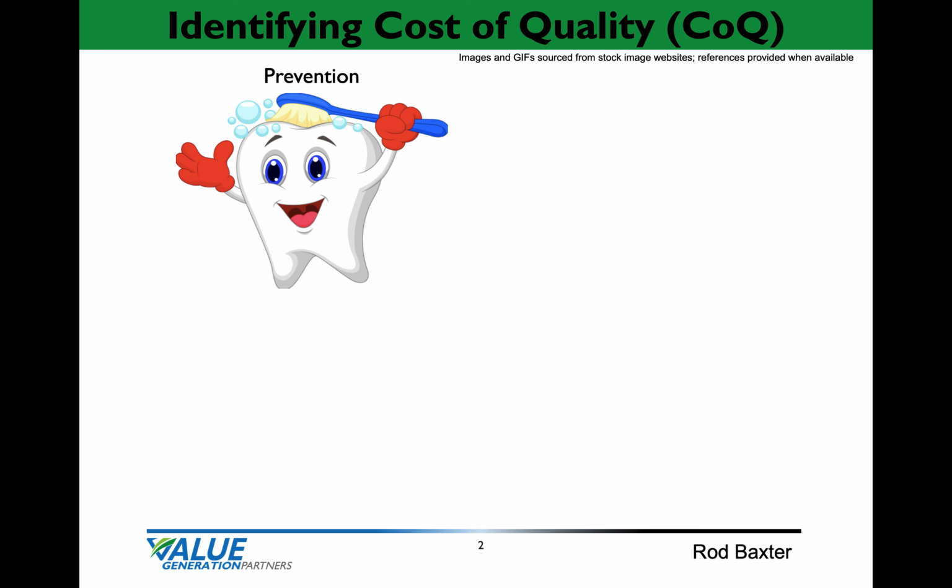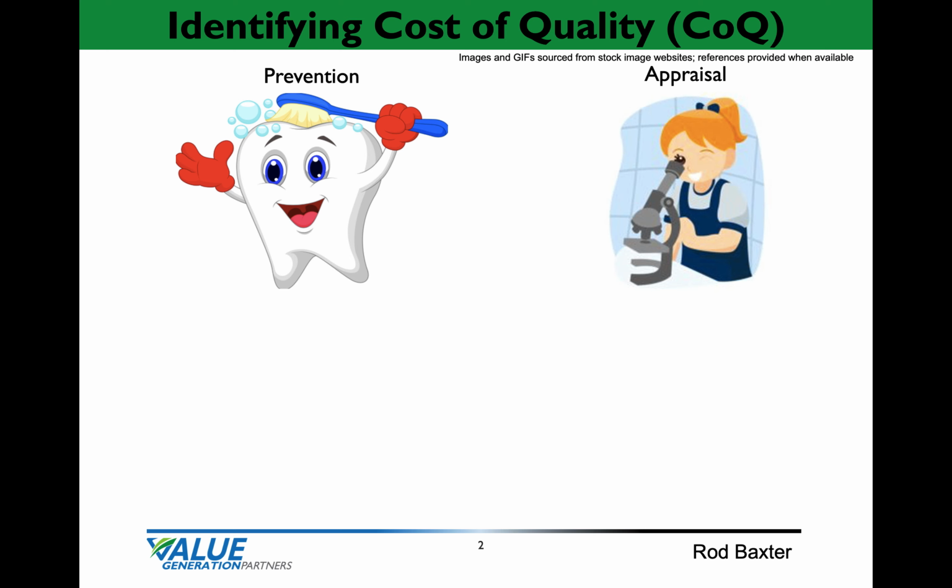The first being prevention. These are activities intended to prevent poor quality in products and services. This is where we'd like to invest the most of our money toward quality costs. Then there's appraisal costs, activities associated with assuring product or services conform to performance requirements and standards.